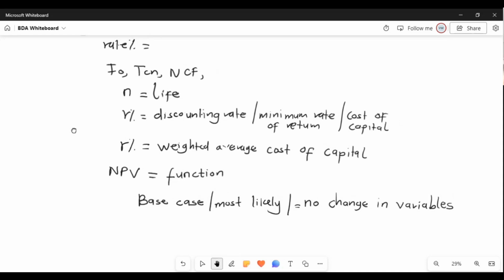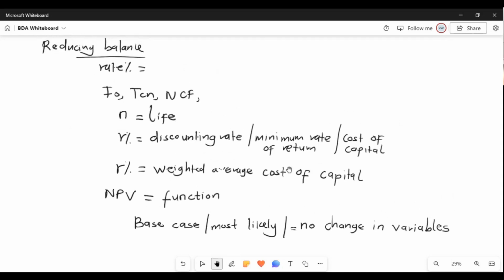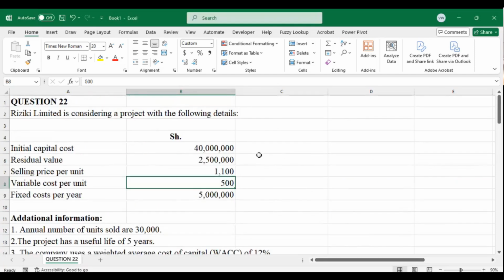So with this background, let's go to our Excel so that we try out this question. This is a sample question on scenario analysis, and we are told that Riziki Limited is considering a project with the following details.